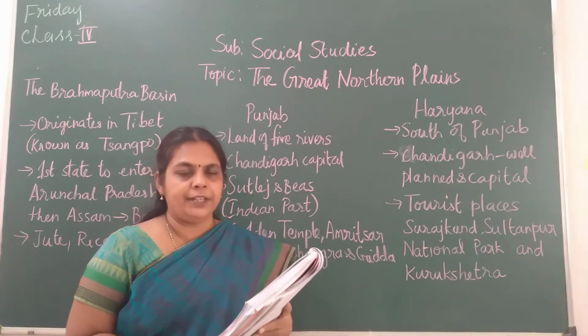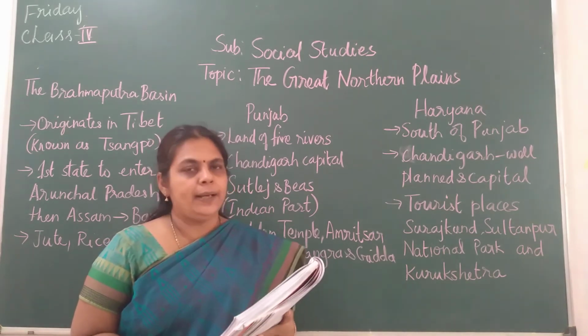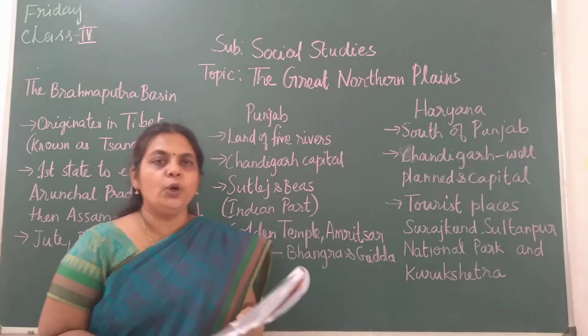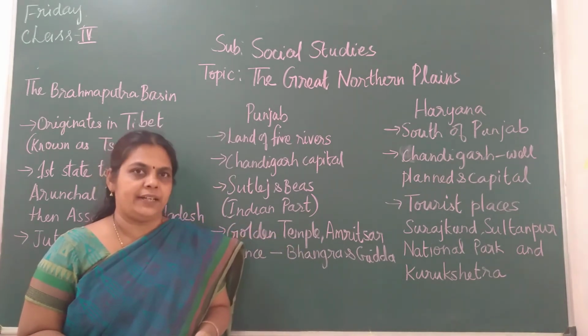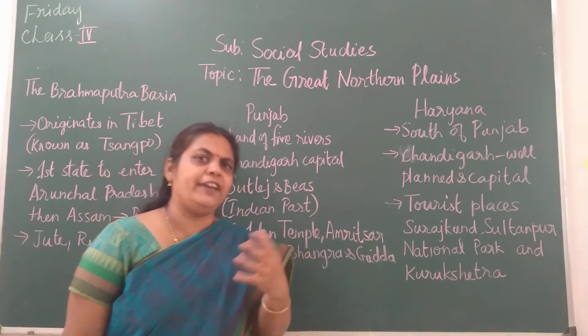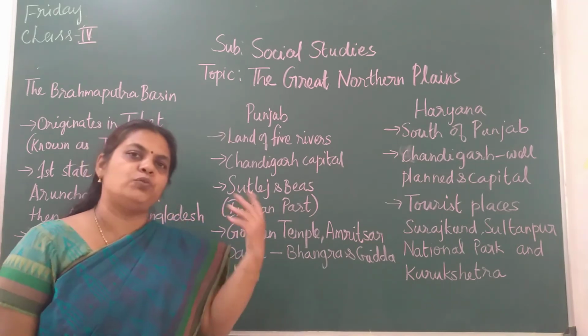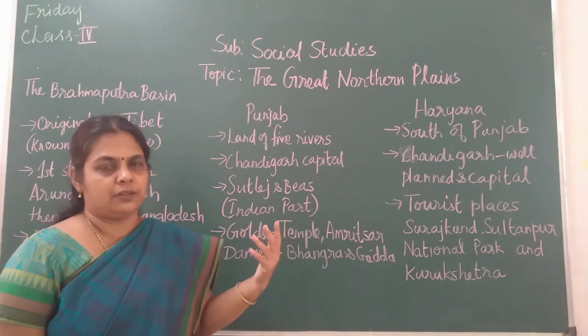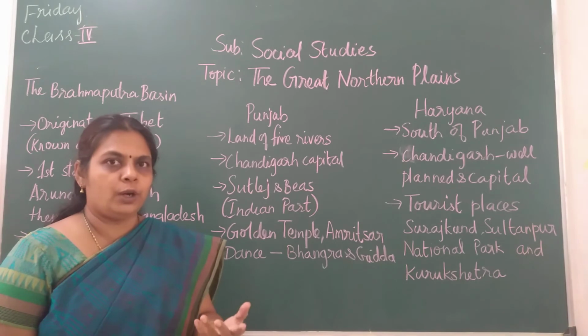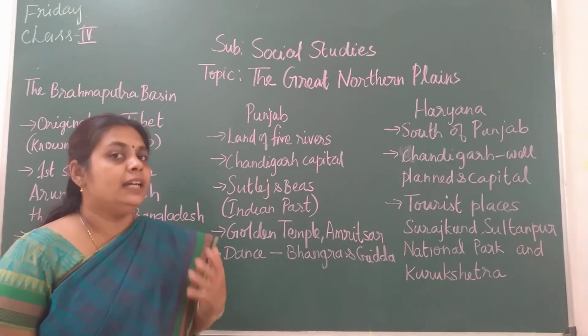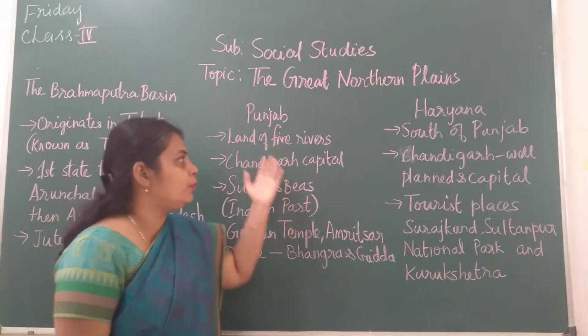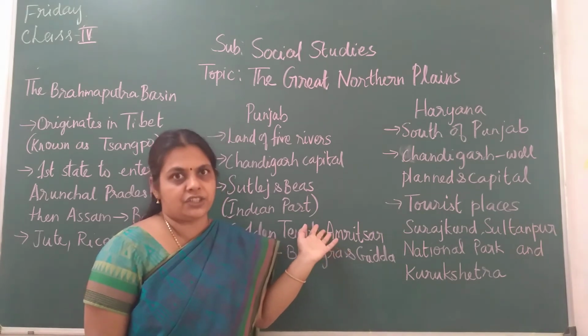The festivals celebrated are Lohri and Baisakhi, children. Every state has its own importance. You know what is there in Karnataka; like that you also learn about the other states, children.